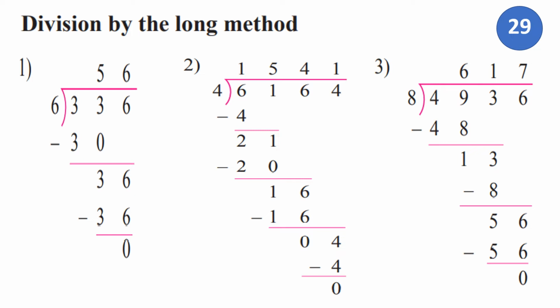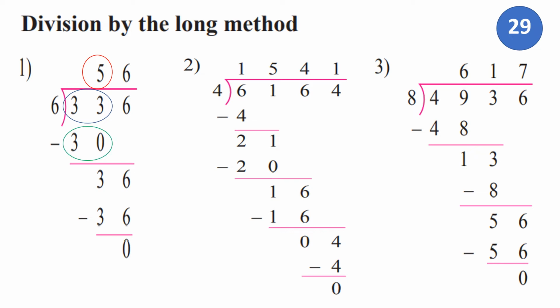First, 3 divided by 6 is 0. That's why here you divide 33 divided by 6. Okay, students, 33 divided by 6 is 5. 6 times 5 is 30.